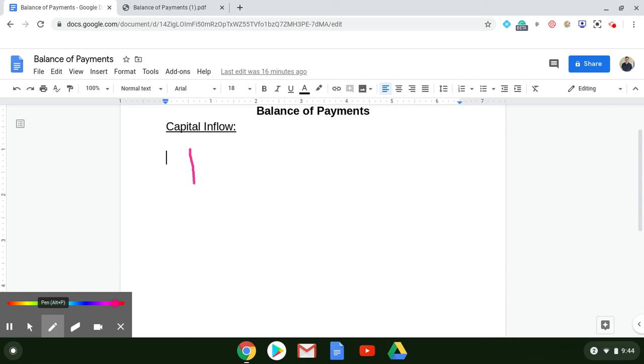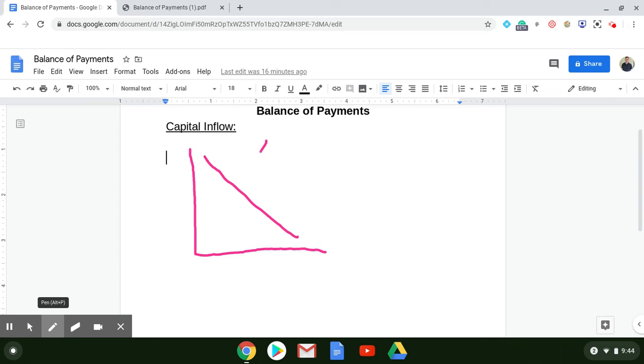Let's look at a capital inflow. We'll keep the U.S. here. That's your 6%.